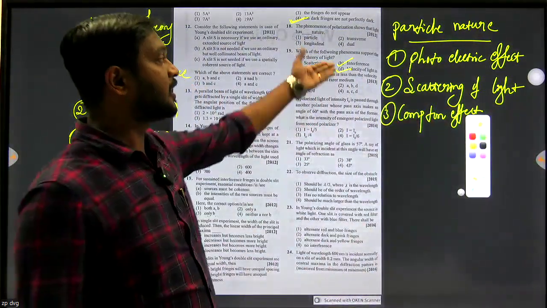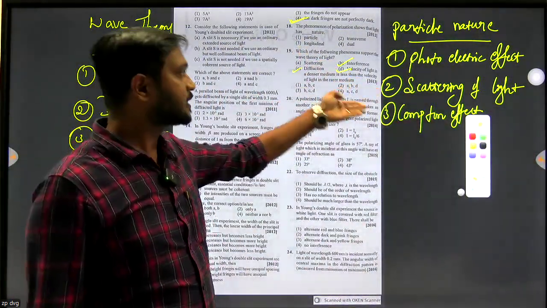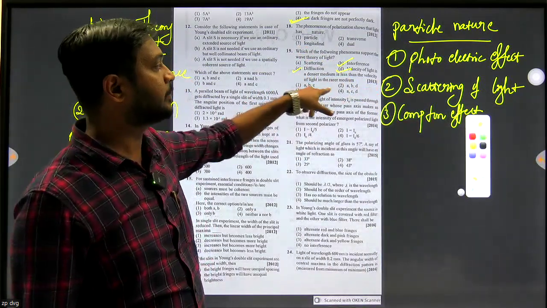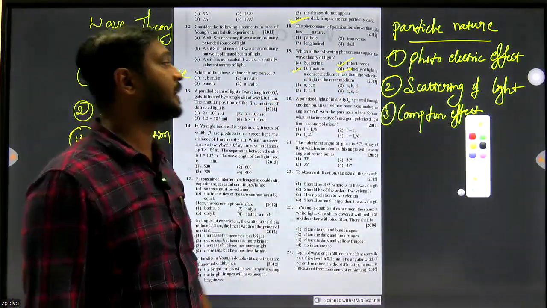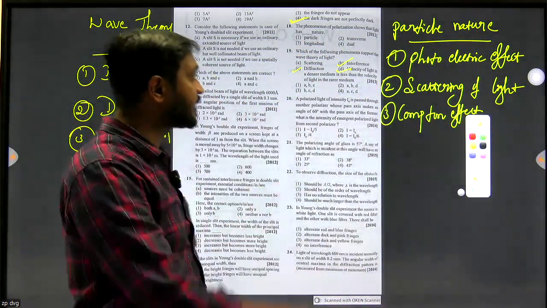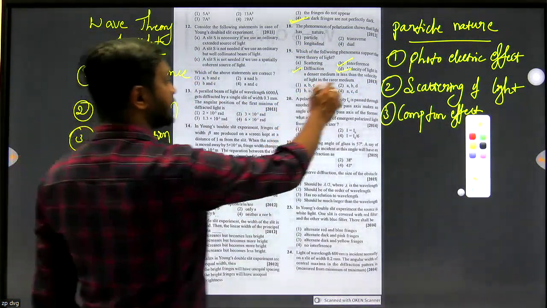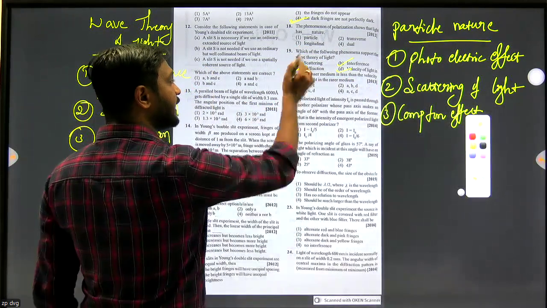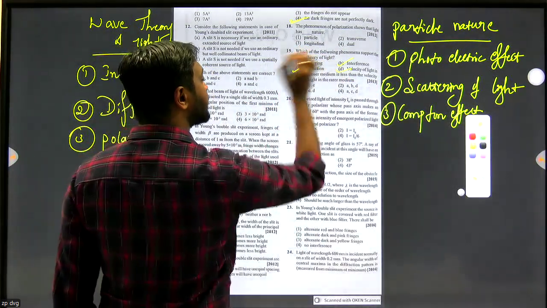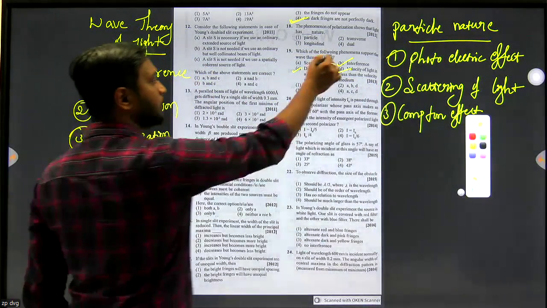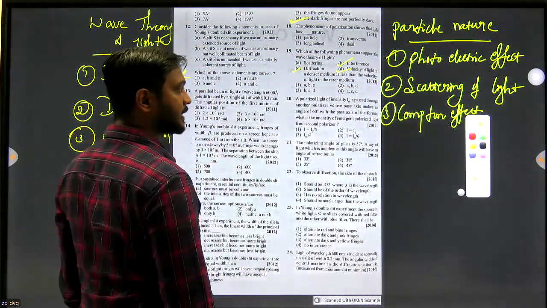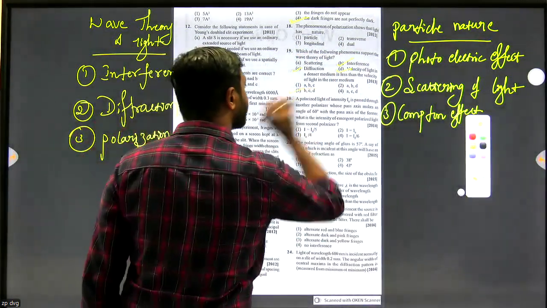This is what Huygens proved. Option A, scattering, proves the particle nature. So options B, C, D are correct, and option 3 is the answer.